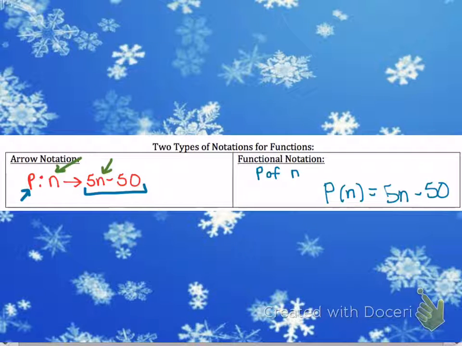And the idea here is that this really is the same thing as the y value. In this case, the n is the same thing as the x, or the input. So it's just another way to write the same kind of linear equation that we've been working with.